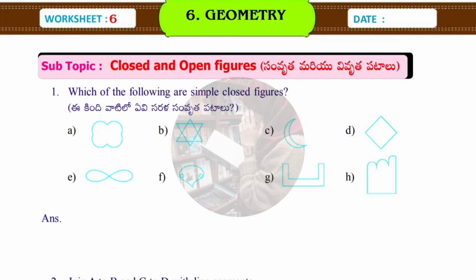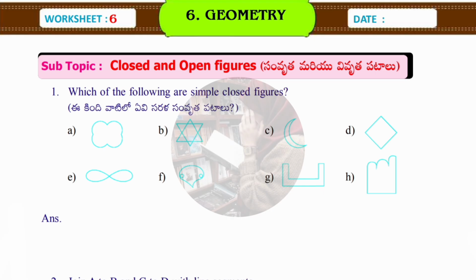Here the subtopic is closed and open figures. So let's see first Roman, which of the following are simple closed figures? Here we have given 8 pictures. So what we have to do, we have to observe each and every picture whether it is a simple closed figure or not. So how can we tell if it is a simple closed figure or not?